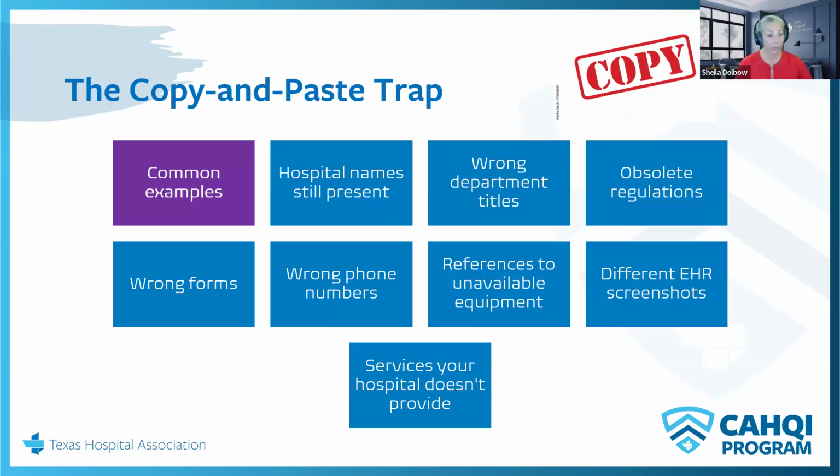Maybe it's something that your organization doesn't even have. Different EHR screenshots. Not all hospitals utilize the same electronic health records. And if your policy was copied from another organization, and it contains screenshots from Meditech, but you use Cerner, that's a problem for staff when it comes to following a policy or procedure. And of course, services that your hospital does not even provide.